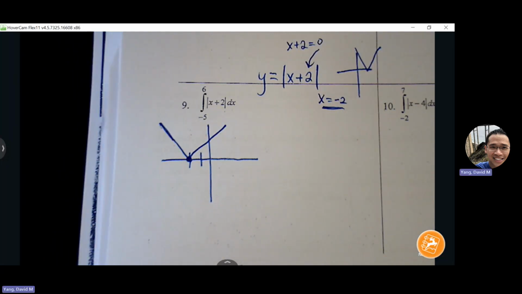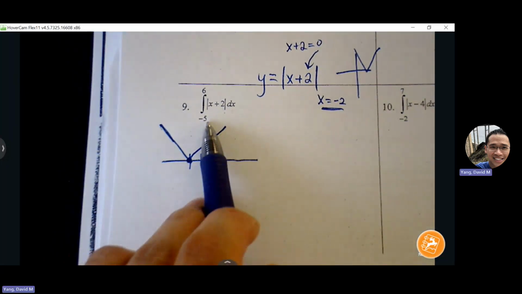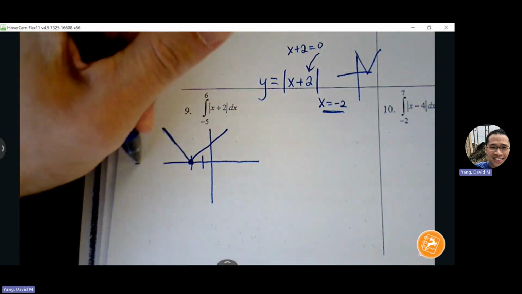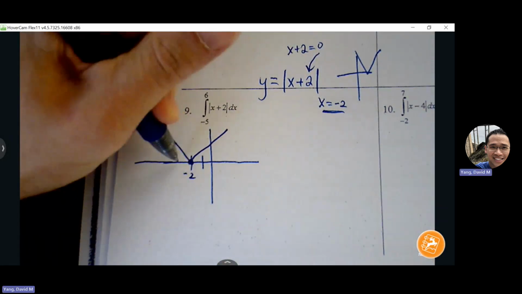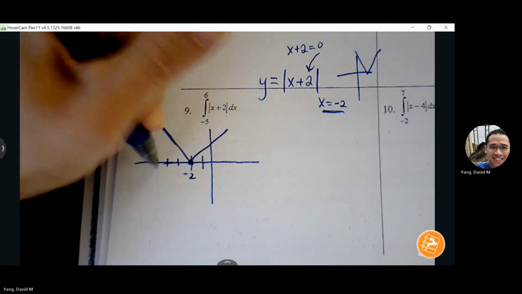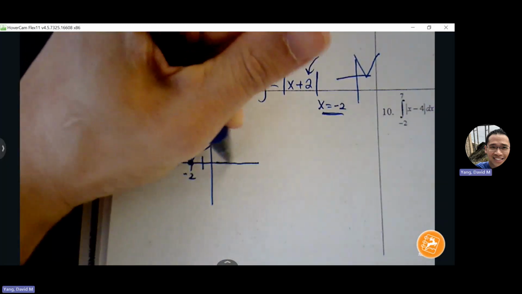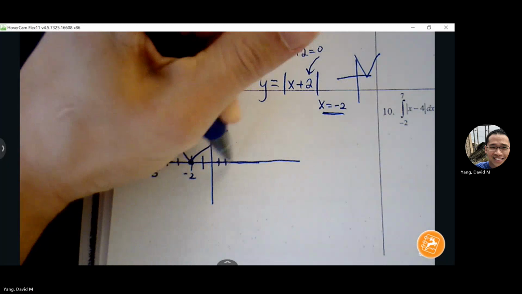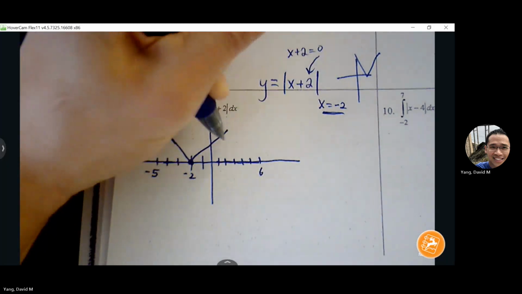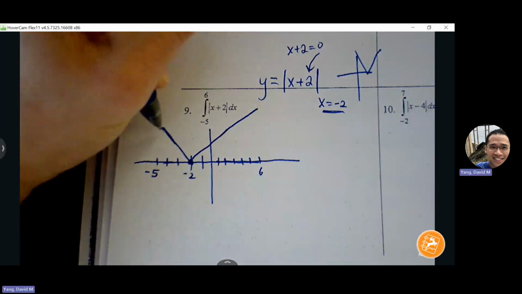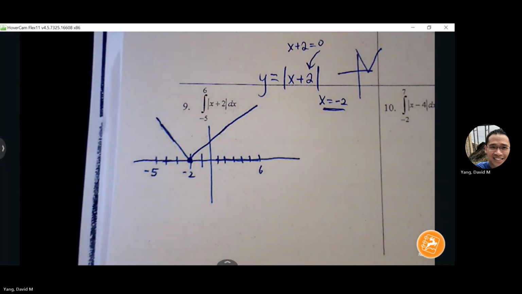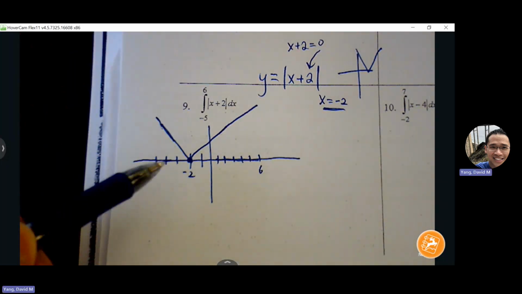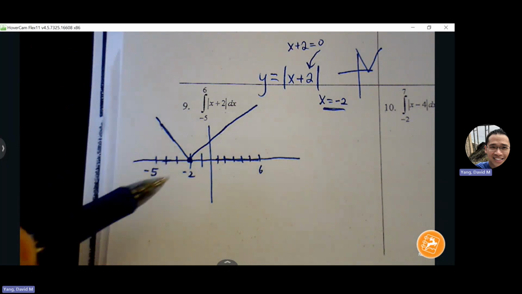Okay, good so far. Now, we want to look at the region from -5 to 6. So see if we can count out to -5 and then to 6. And then extend your graph if you need to. So we're only looking at the region between the graph and the x-axis.